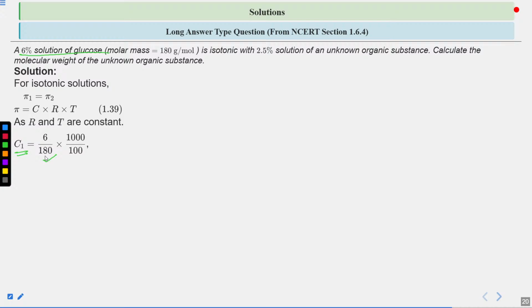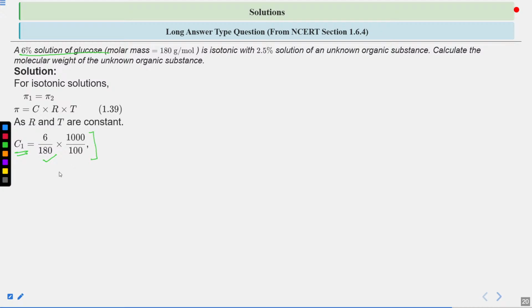Concentration is the molarity, the number of moles upon the volume of solution, and a 6% glucose solution means 6 grams of glucose in 100 grams of solution. So the number of moles is the given mass, 6, upon the molar mass, 180, divided by the volume, 100, multiplied by 1000 for the unit conversion.